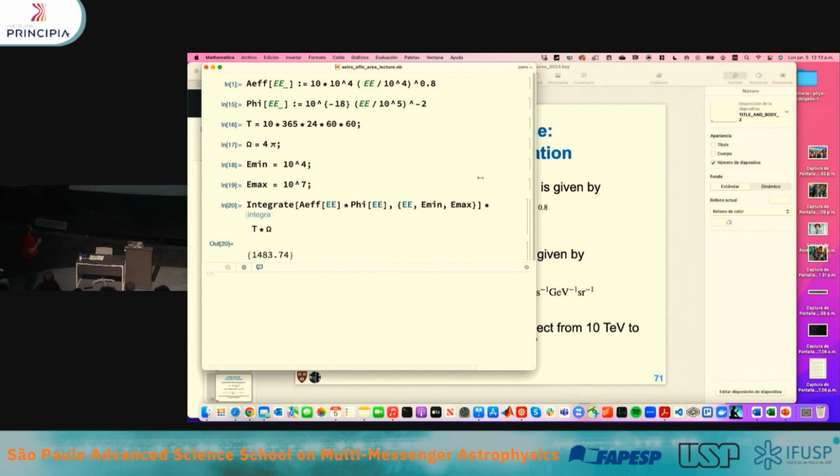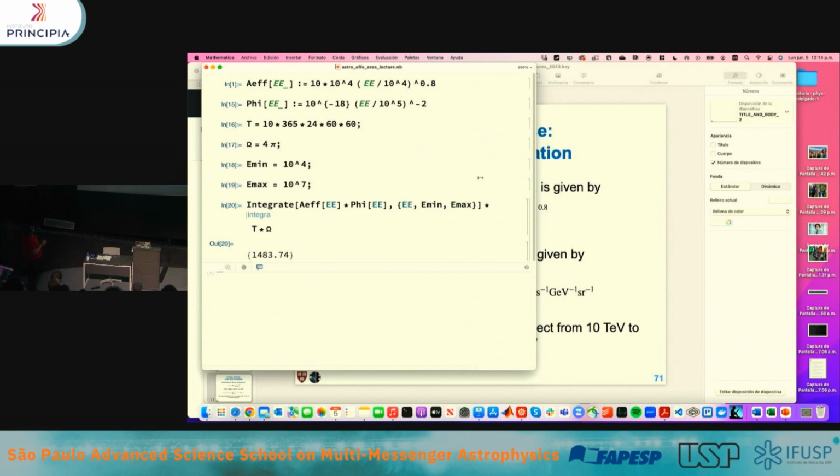So this is the effective area that I give you. It's 10 meters squared, which I converted into centimeters squared to match the units of the flux. And I convert everything to GeV to make everything in GeV work. And then this is the flux, 100 TeV, E to the minus 2. And then you're right, you multiply by the time in seconds.